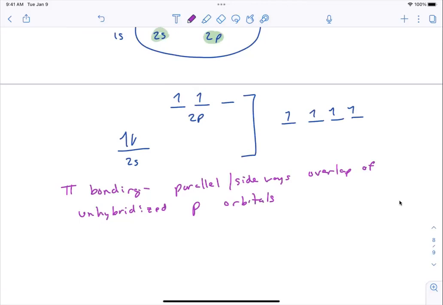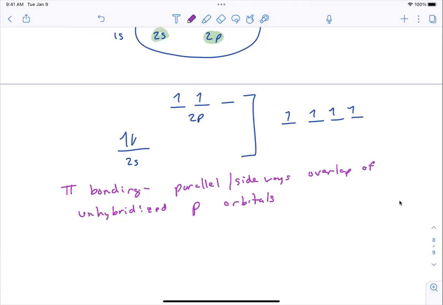Because the sigma bond happens between the two atoms, there's no other place to have extra bonds in between the atoms. So the next way atoms bond is they form other regions where electrons could be shared.